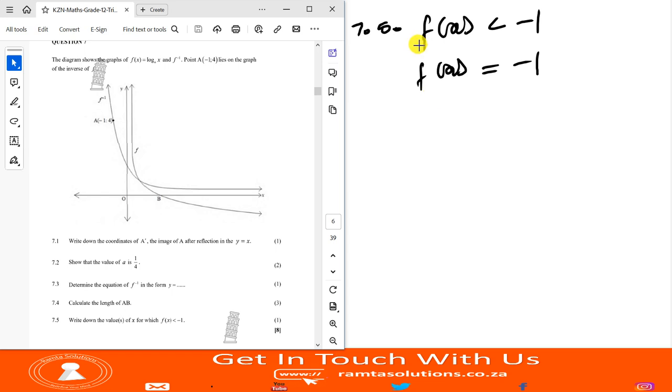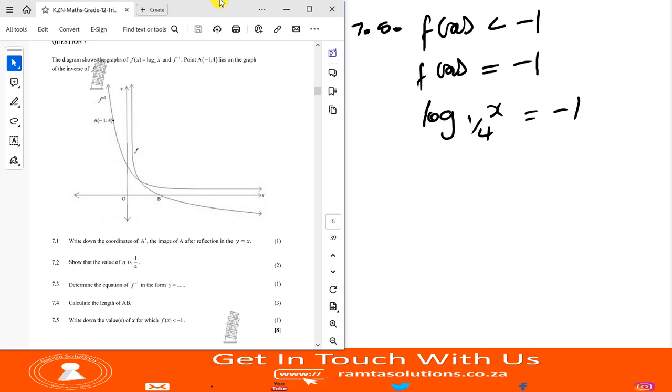Okay, let's see. I remember it was log x base 1 over 4, right? You said a is 1 over 4, equal to negative 1. But I can tell you that you know that value when you found a prime. What did you say a prime was?